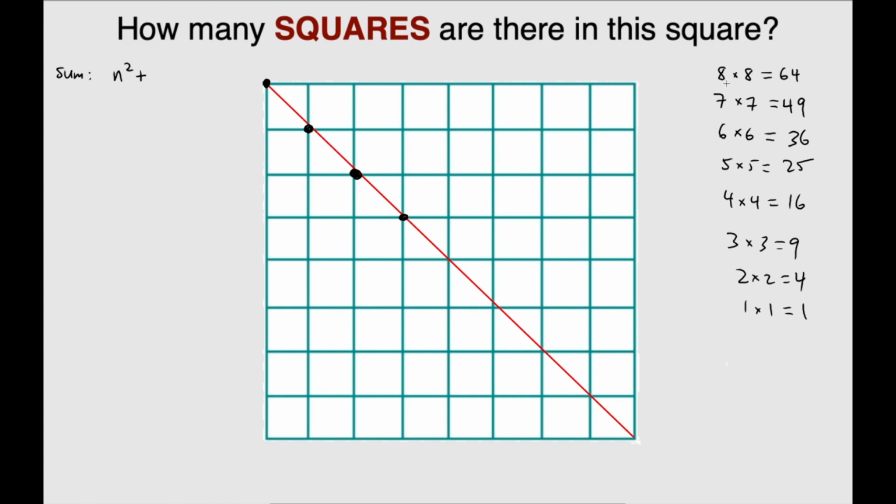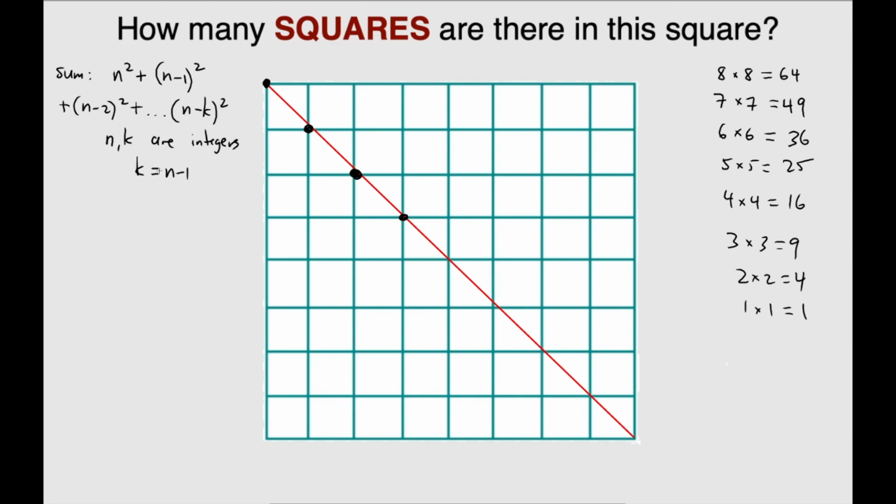Because if n is 8, n minus 1 will be 7. So that means we're going to do n minus 1 squared, then n minus 2 squared, because we're always subtracting 1 from the number before that. Right, and all the way until we get to n minus k squared. All right, now notice that n and k are integers. That's very important, or whole numbers, however you want to call them, with k being equal to n minus 1.